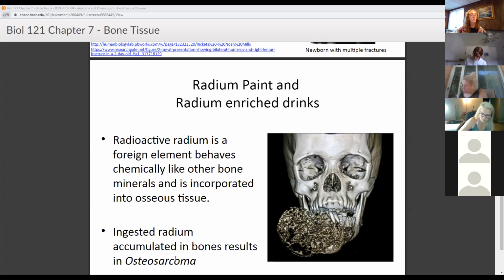So they're easily incorporated into tissues. So ingested radium can result in osteosarcomas.